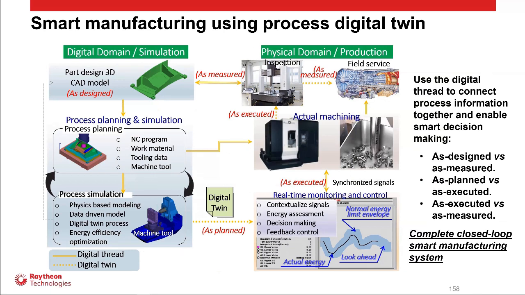Since we have this process digital twin, which is broken down into details, states, events, and associated parameters, later we can compare the measurement data from the CNC in real time together with the context information to react. Such as, if you observe some abnormal condition, you can either slow down or speed up, basically.